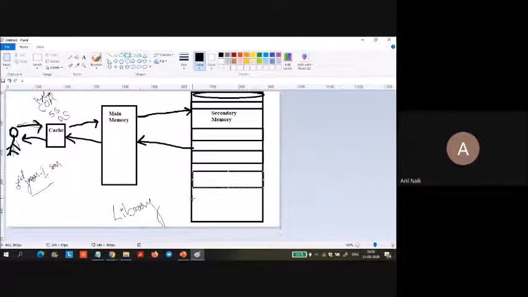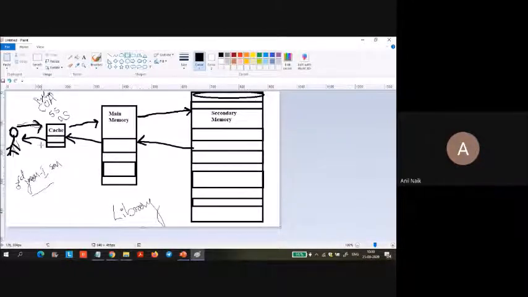So the librarian will keep the books that are frequently accessed in this particular semester. For example, for the first semester, these are the books: COA, system software, operating system, Python. All these books he will keep near his rack.